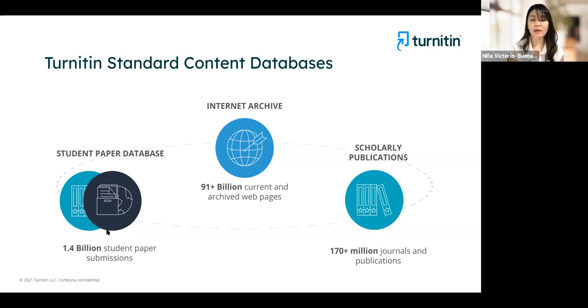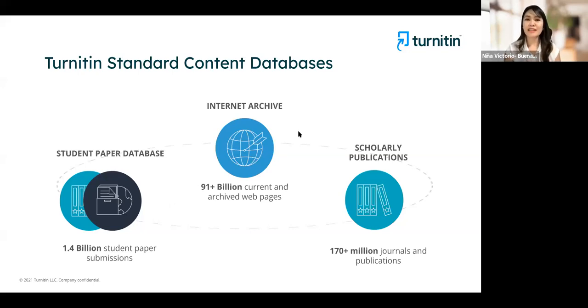Currently we have 1.4 billion student papers, and it's still growing, because there are still a lot of students submitting to the repository. With that, there's a high chance that our system will detect if your students' papers are colluding with each other. Definitely, if we have students who are copying or recycling their own work, we will be able to find out, for as long as those papers are in our database.